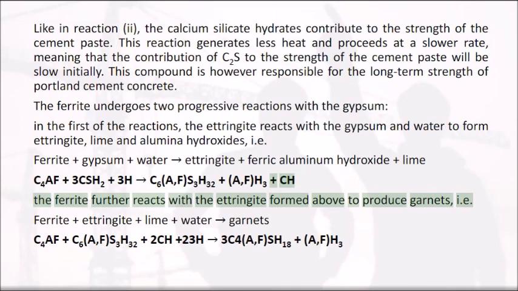The ferrite further reacts with the ettringite formed above to produce garnets, i.e. ferrite and ettringite and lime and water yield garnets. C4AF + C6(A,F)S3H32 + 2CH + 23H → 3C4(A,F)SH18 + (A,F)H3.